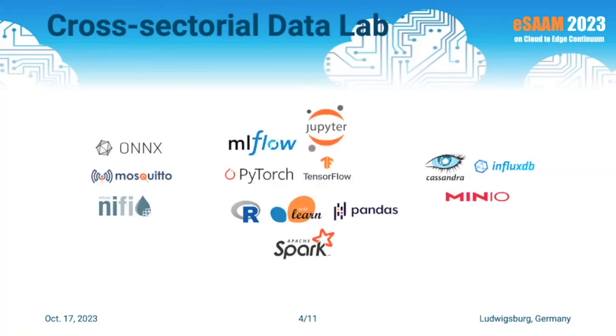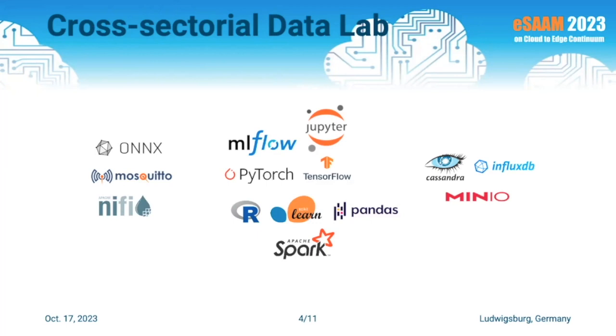Yeah. So here is just an overview of the technologies and open source projects that we are using for the reference implementation of our platform. Mostly the core is, of course, based on the Python or R language ecosystem, which is quite common for data scientists.